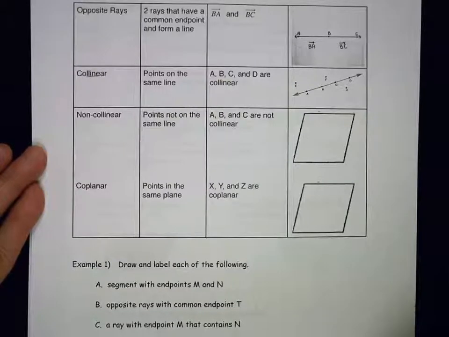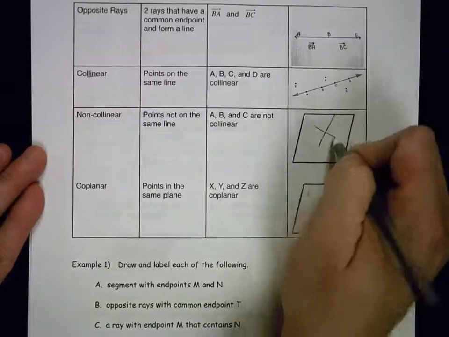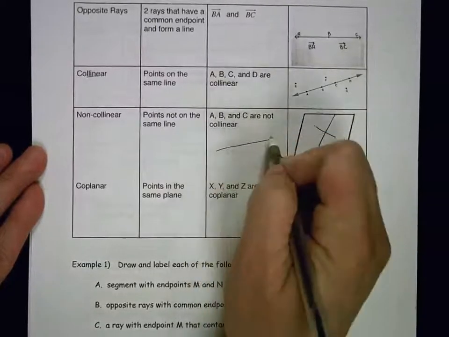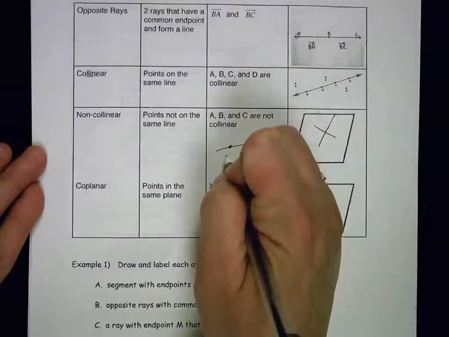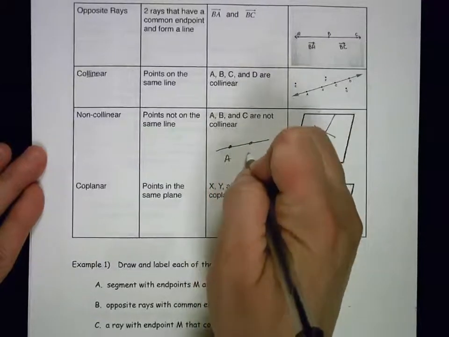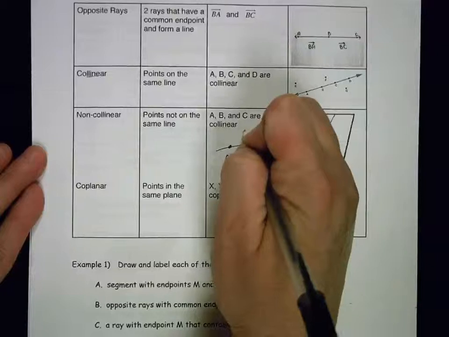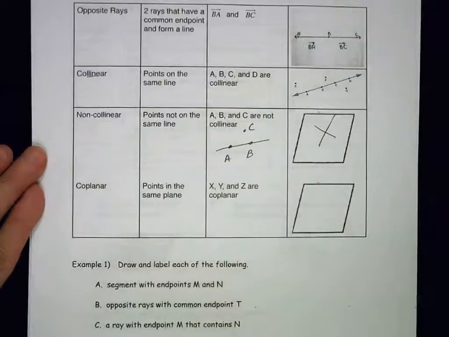Non-collinear are points that are not on the same line. And I think this is a typo here. And if we want A, B, and C to be not collinear, we would have to have one of those points that is not on the same line.